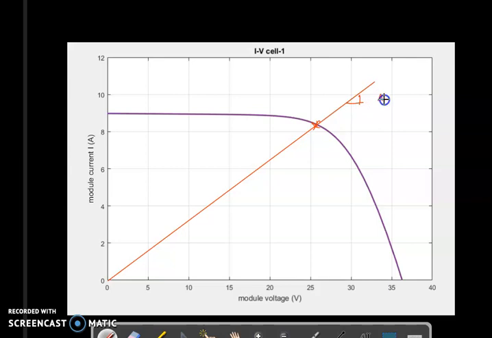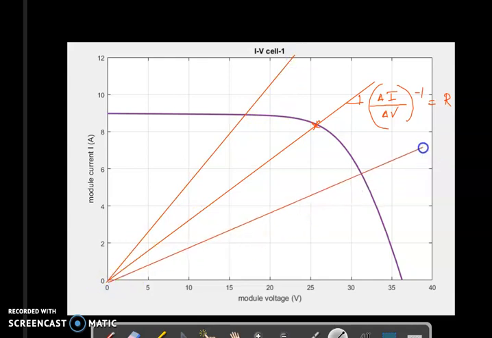This is delta I by delta V, and if you take the inverse of that, this is R. So this load line may be at any point, but by changing the value of the duty you can change the load line. If the load line exactly intersects this point, which represents VMPP and IMPP, this is the point at which the power is maximum.